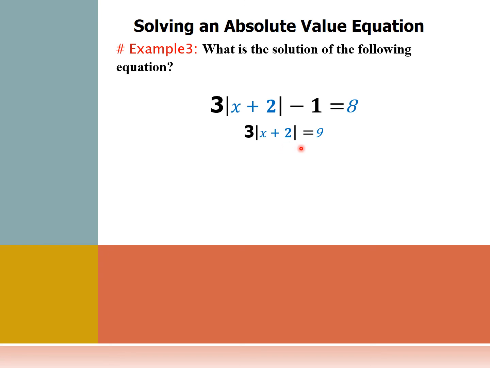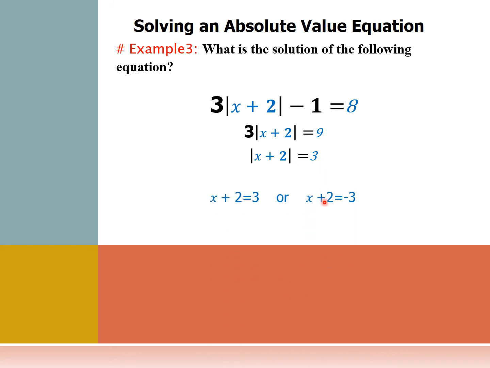Then to get rid of this number, divide by 3 on both sides, and we will get just the absolute value of x plus 2 is equal to 3, which is the main form as in the previous examples. Now take x plus 2 equal to 3, and x plus 2 equal to negative 3.